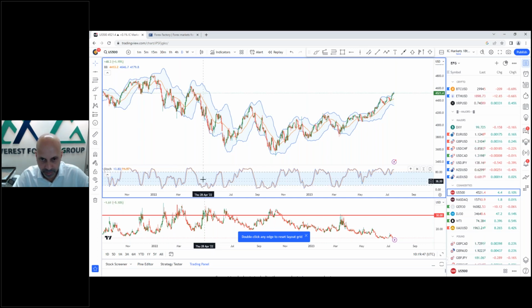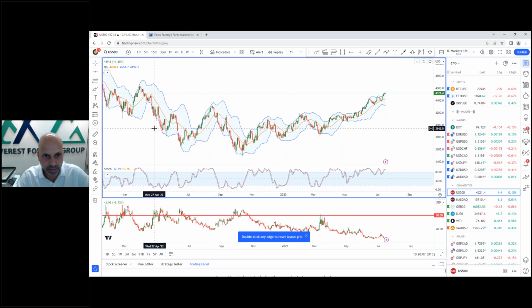Of course, there are times where the strategy doesn't work out. This is one of the prime examples here on the 28th of February, where you see the VIX rising above 30, stochastics under 20 and price pushing beyond the lower bound of the Bollinger Band. Price did reverse. I'll just zoom in here, sorry.